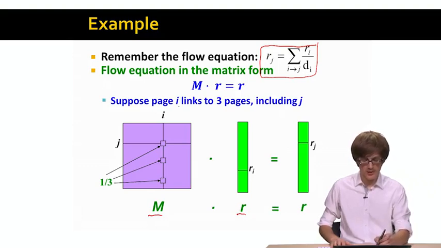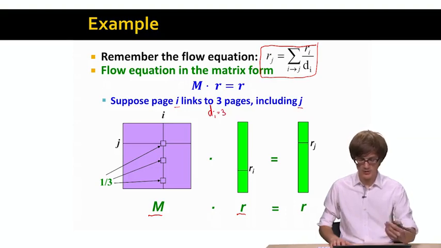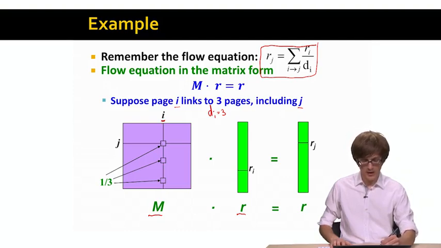And just for the sake of the example, let's assume that page i has out degree of i equals 3, which means it points to 3 other pages, including j. This means that for a page i, the ith column of matrix M will have 3 non-zero elements, here indicated by squares. And each of these 3 non-zero cells will have a value of 1/3, right? 1 over the out degree of node i.